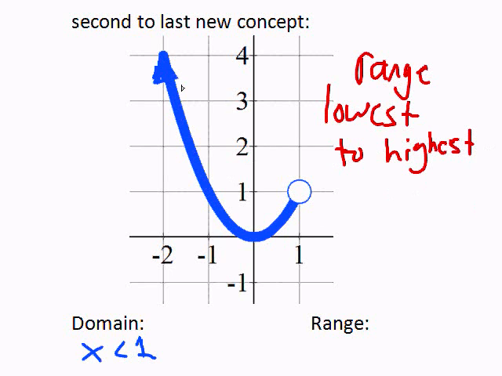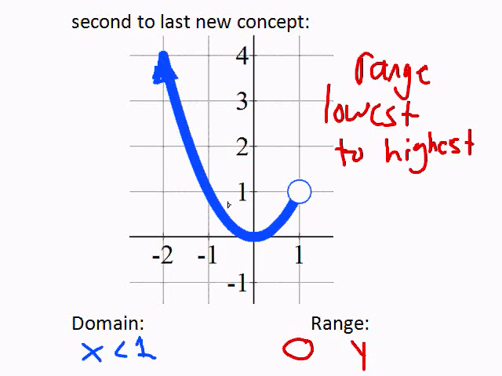Our lowest value on the graph, if you follow it all the way down, it stops at 0 as the lowest point. It actually stops, it just reaches 0. That's the lowest y value. So our lowest y value is 0.